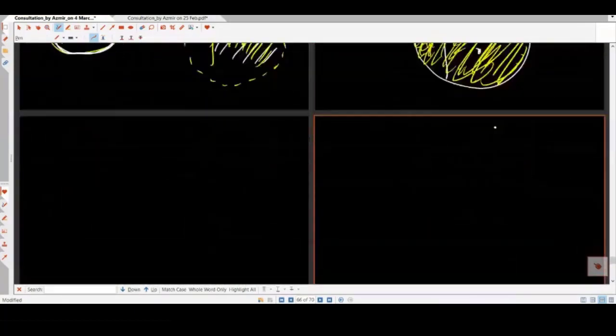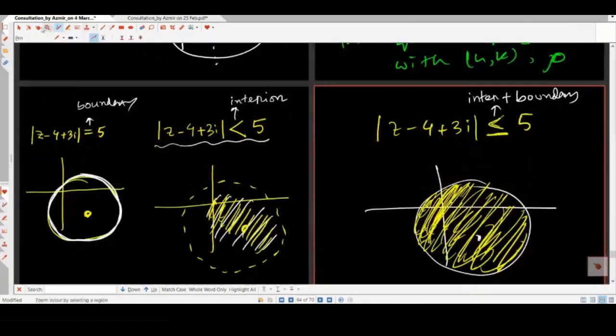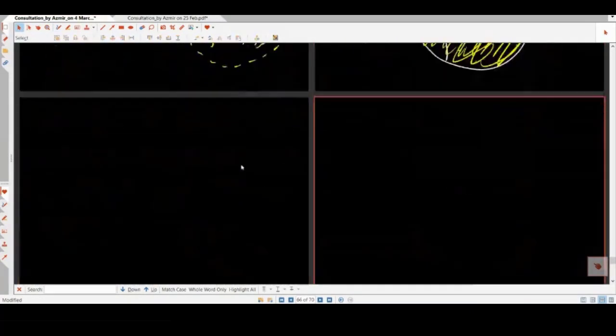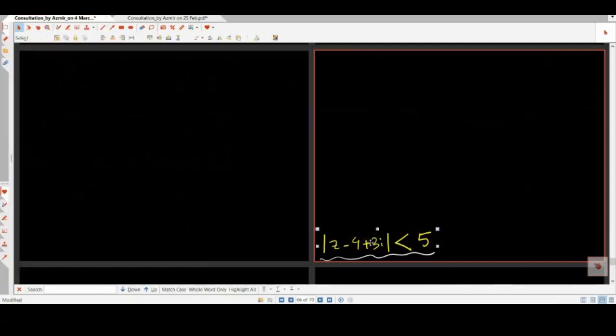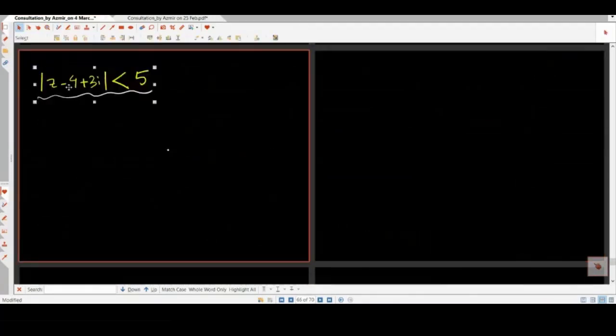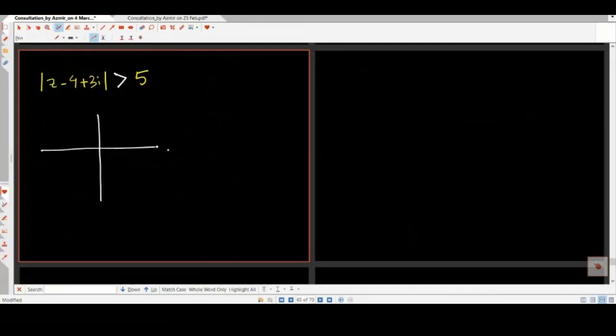Suppose we have the same expression, but we have greater than. All these things are important for Taylor and Laurent series. You will see later on. So for now, you have to know how to do the calculations. So suppose we have greater than 5.